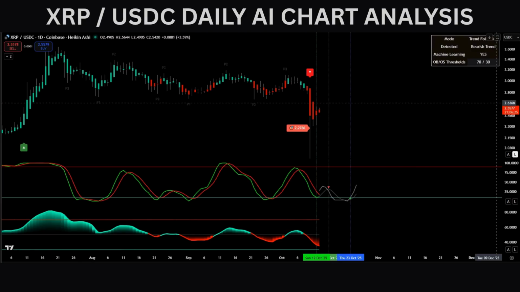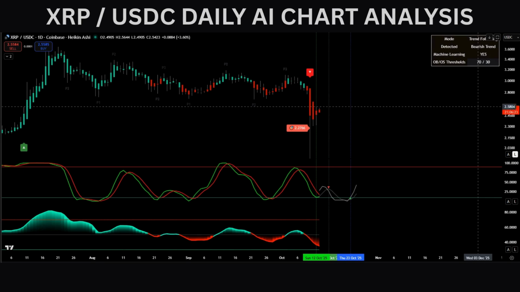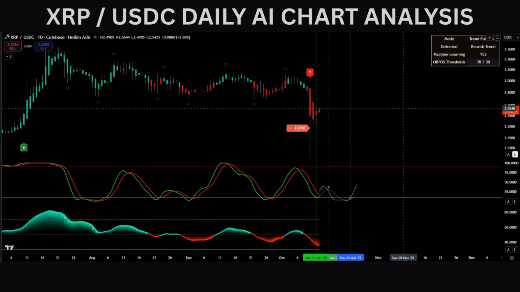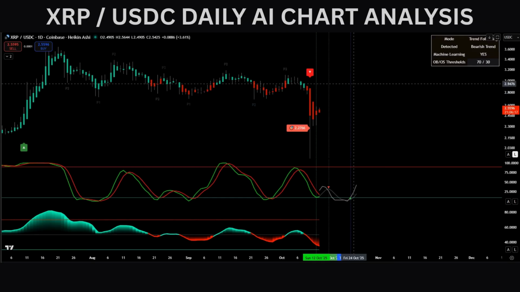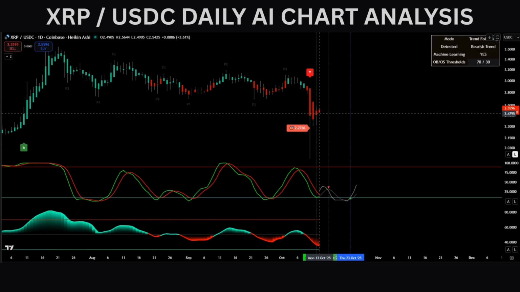Let's start with price action. XRP is currently trading around 2.54 after a sharp decline from recent highs above 3.00. You can see the last few Heikin-Ashi candles printing strong red bars, which signals clear bearish momentum and increasing downside pressure.